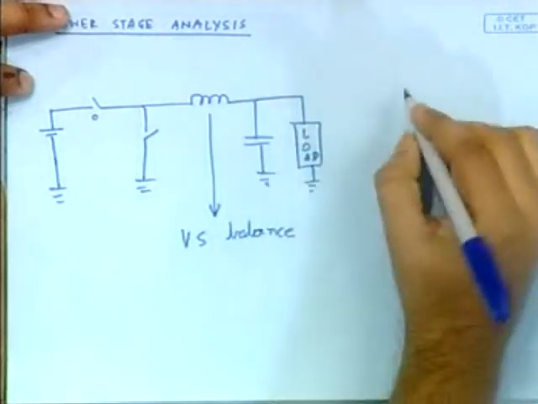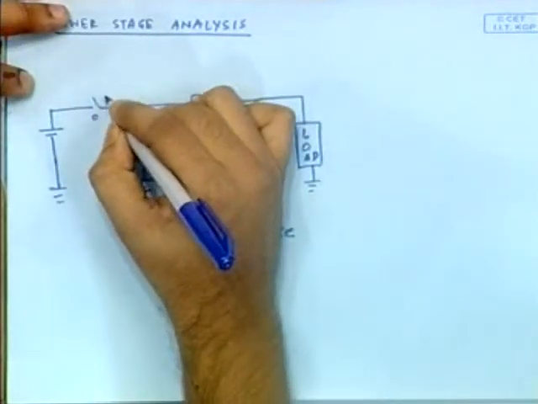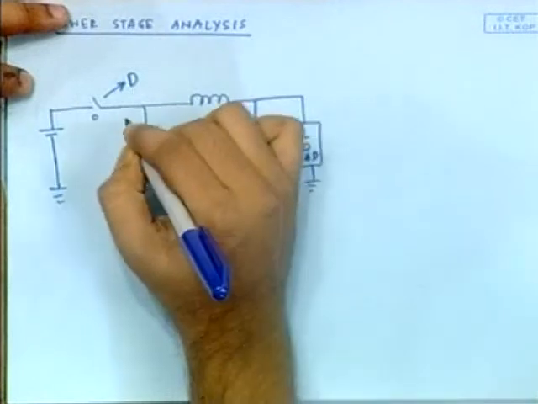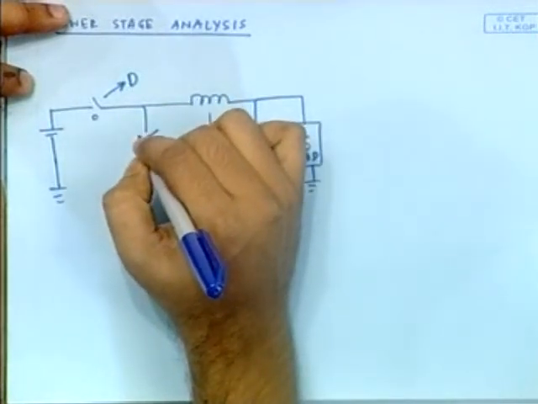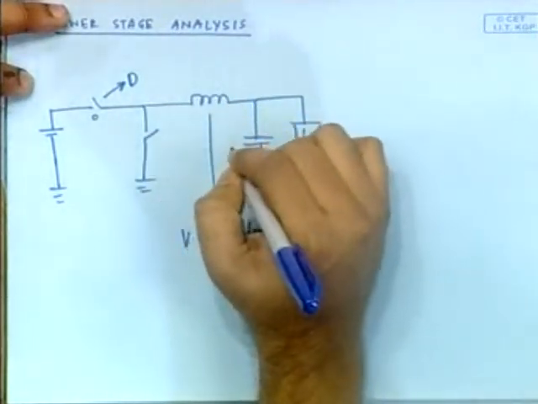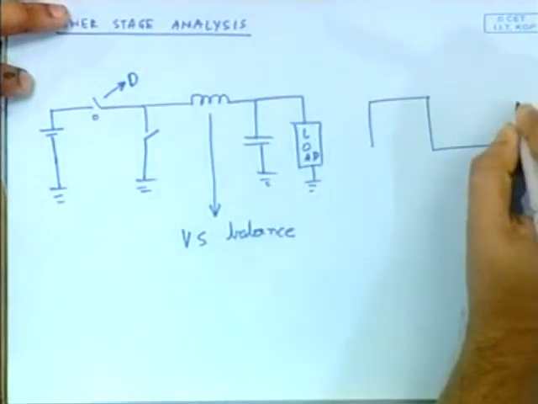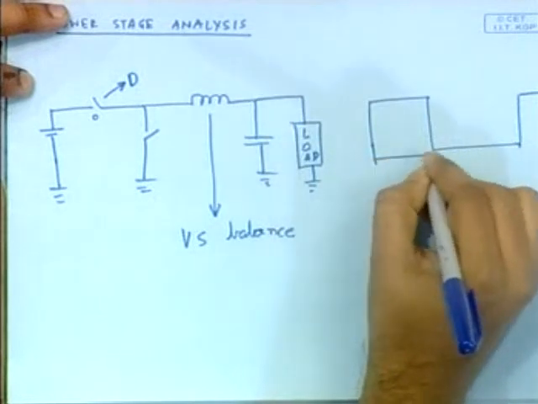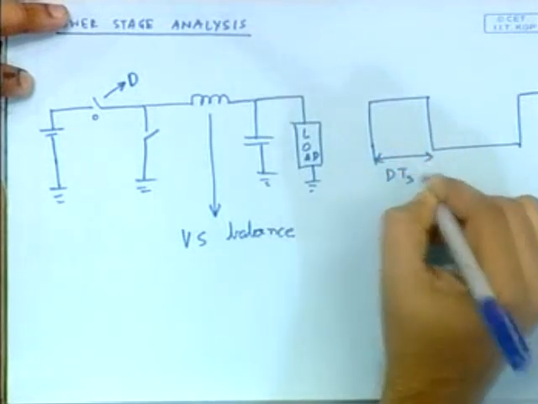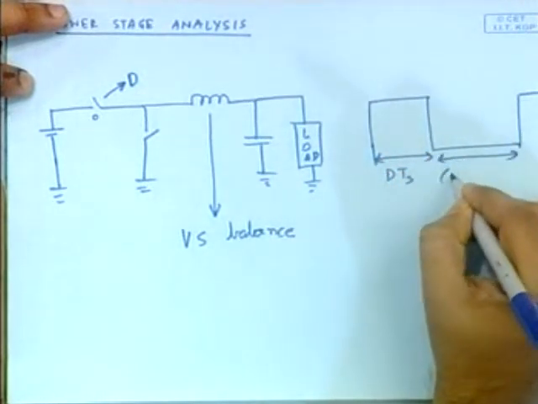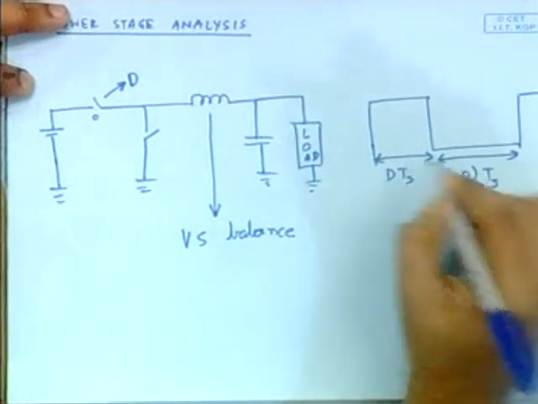Say for this switching signal, I mark the on period as D. It is important to identify your reference of D whenever we do any such analysis. So if this is DTS, then this is 1 minus D TS.